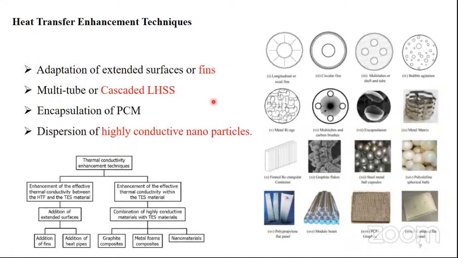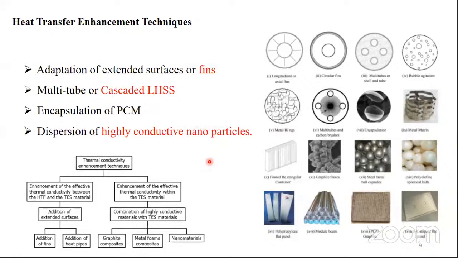Therefore we have to go for some sort of arrangement, some physical intervention, making geometrical changes by utilizing some sort of extended surface or fins, or we can use multiple phase change materials, making a system with cascaded type of latent heat energy storage system, or we can encapsulate the phase change material, which can also enhance the thermal conductivity of the material. So this way, some way or the other, we can have these types of interventions so that we can get an improved thermal conductivity.